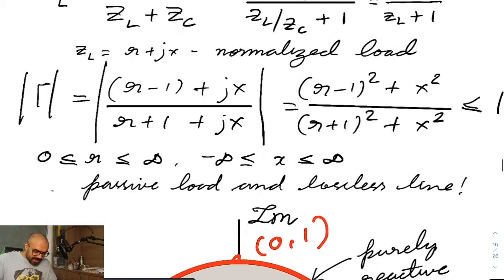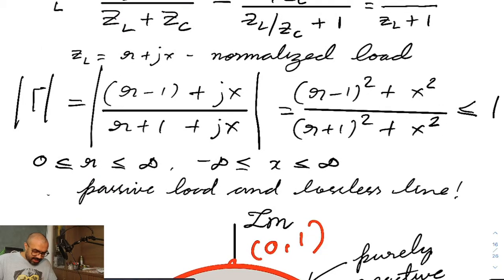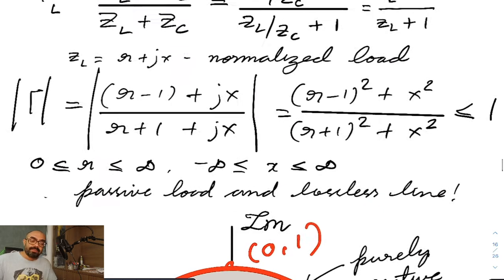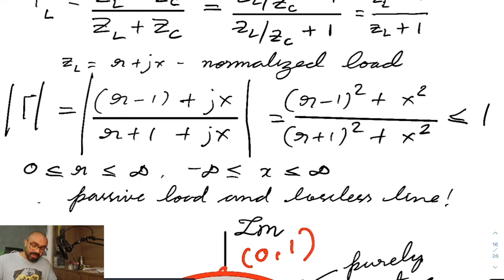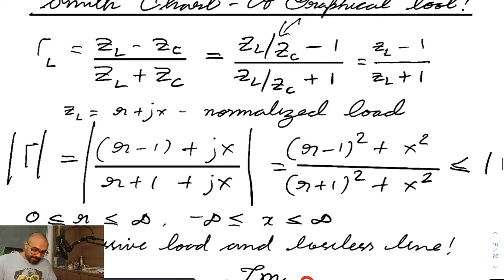Let us first prove that if I have a lossless line and passive load, then the mod of the reflection coefficient at any point is always going to be less than or equal to 1. We do this by taking gamma as z minus 1 by z plus 1, and replacing z, which is a complex number, by r plus jx.